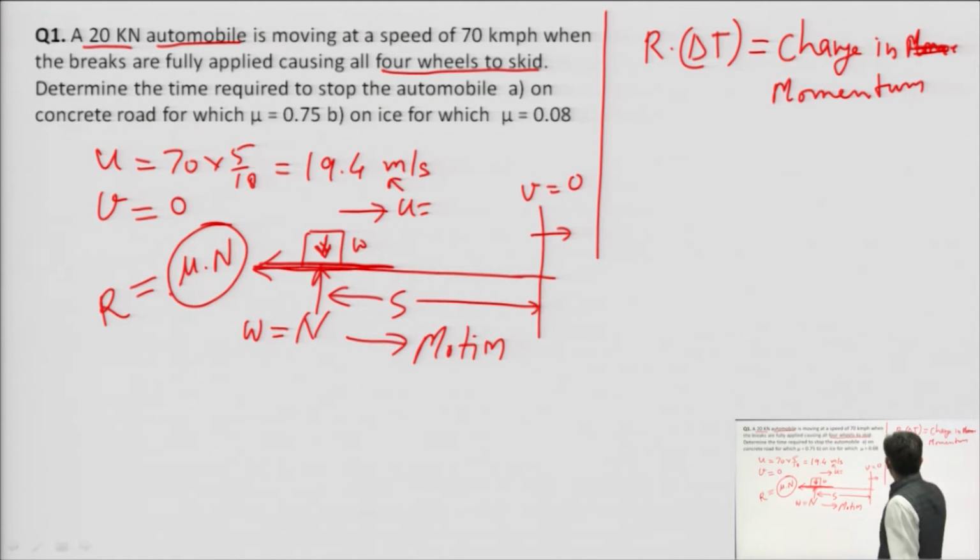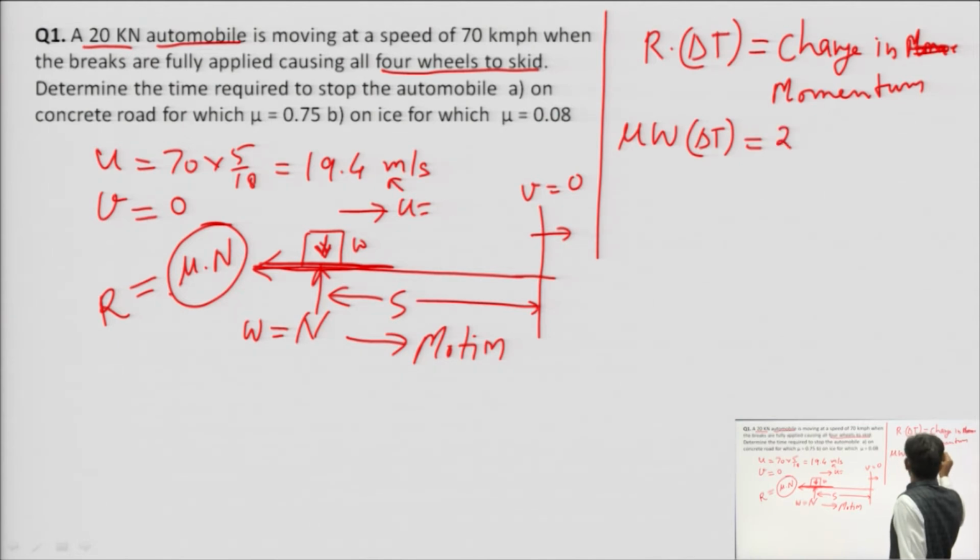So, let us write it as mu into N, and N is W, into delta t, is equal to change in momentum. So, m is what?